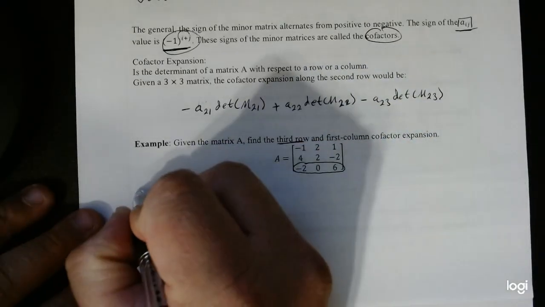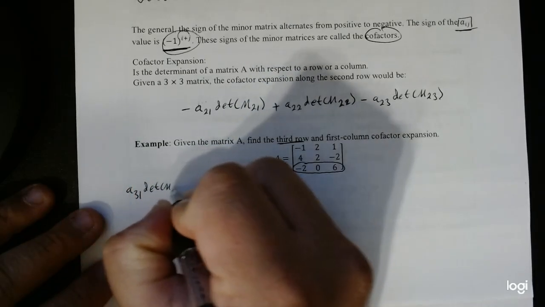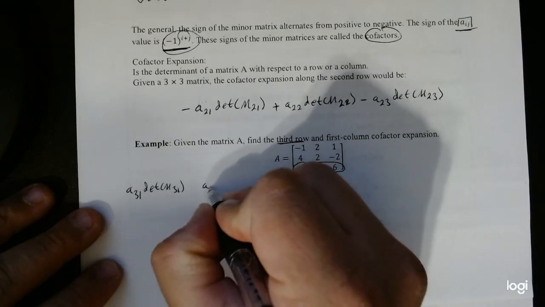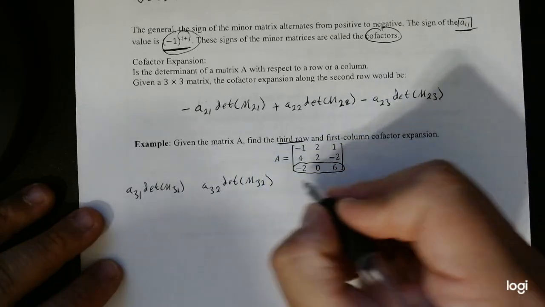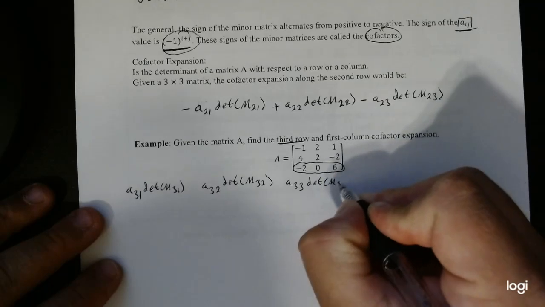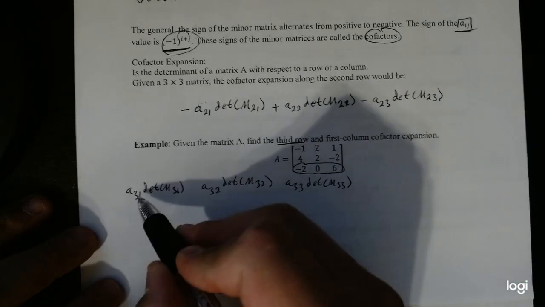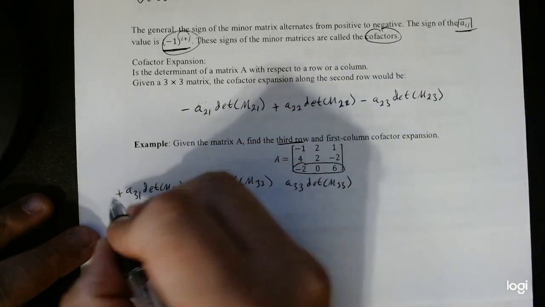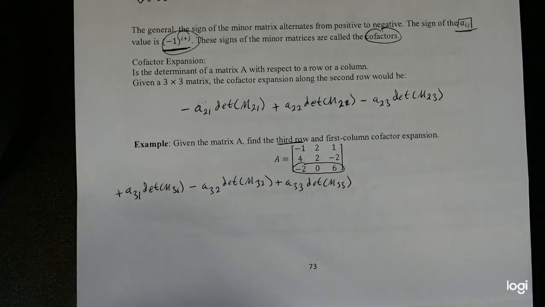So third row, A31 times the determinant of M31. And again, I'll do the sign changes later. A32, and then A33 times the same determinant. All right, so now the sign changes. So 3 plus 1 is 4, so it's positive. Or it's even, actually. It's even. So we know those are the sign differences.